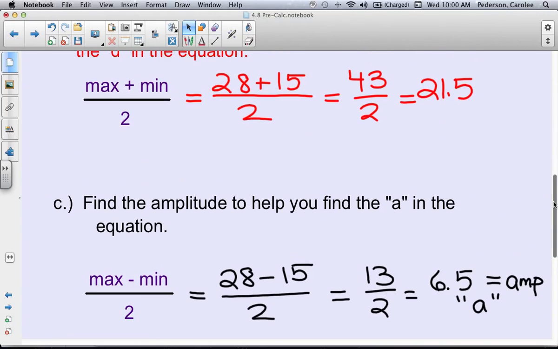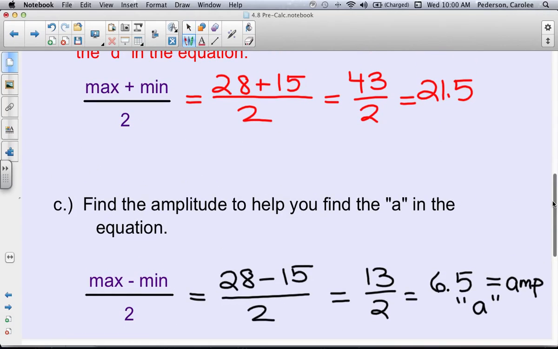To go back for a minute, 21.5 is going to be your d in your equation. I'm going to stop the recording there to finish up the problem.